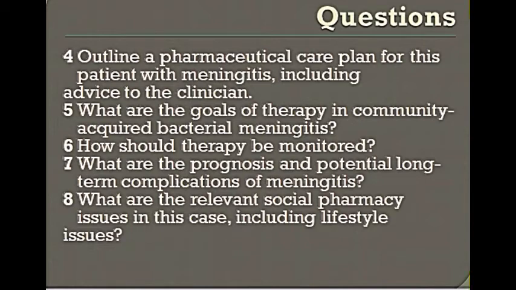What are the goals of therapy in community-acquired bacterial meningitis? The goals are to control the infection, stabilize the patient, and decrease morbidity and mortality, and to recognize septicemia and shock early to permit timely intervention, including securing the airway, administering high flow oxygen, and providing volume resuscitation.